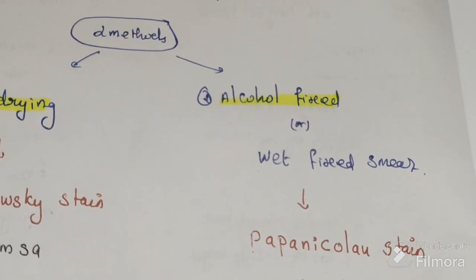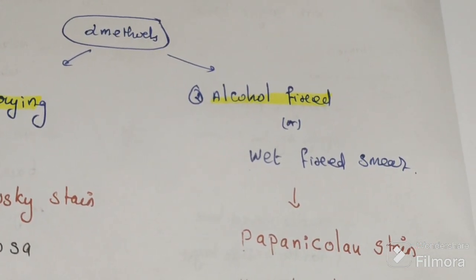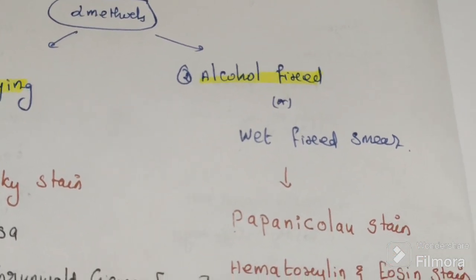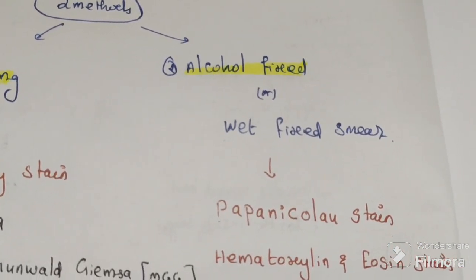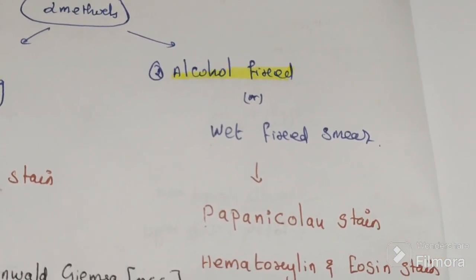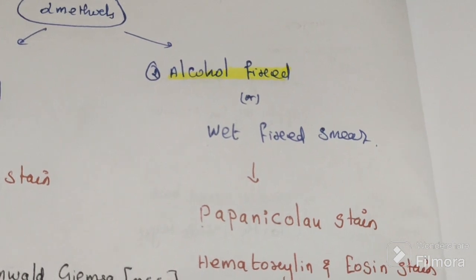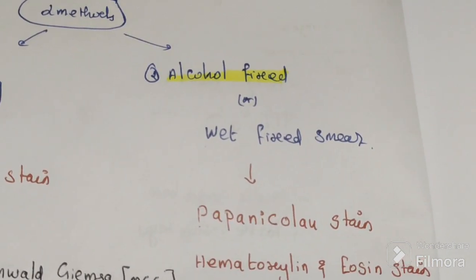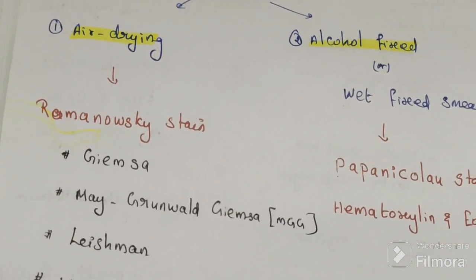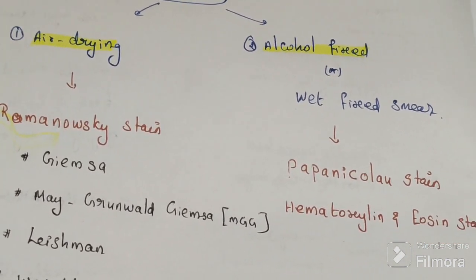After taking the sample on the slide, we dip it into an alcohol solution. So it is called alcohol fixed. Because the alcohol is wet, it is called a wet fixed smear. So two types of fixation: one is air drying and the other alcohol fixing.